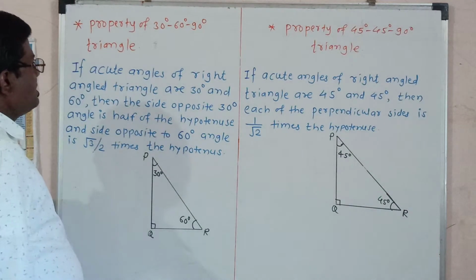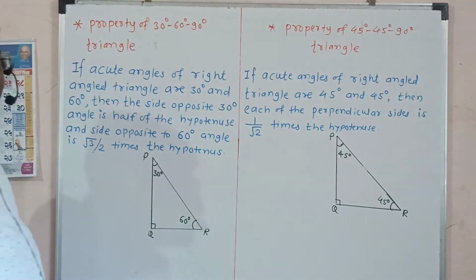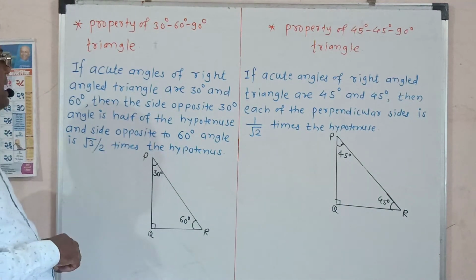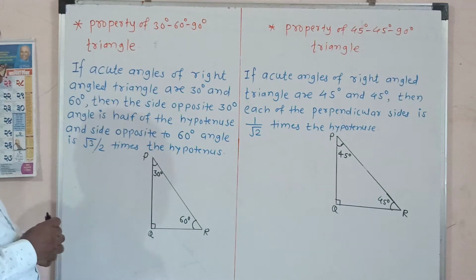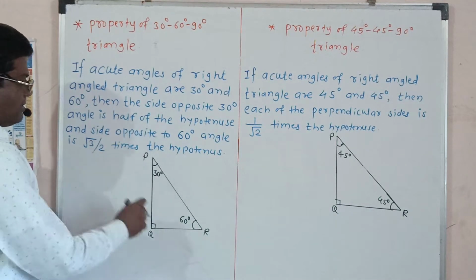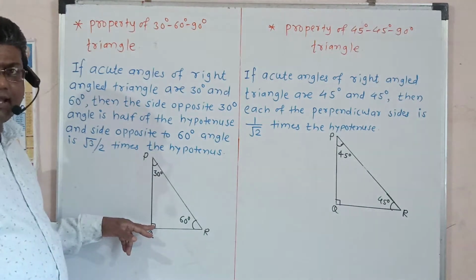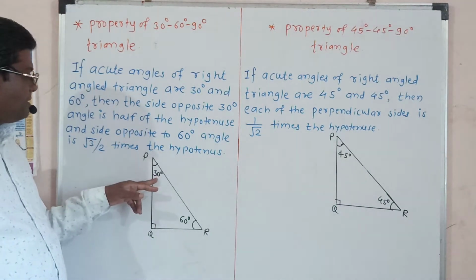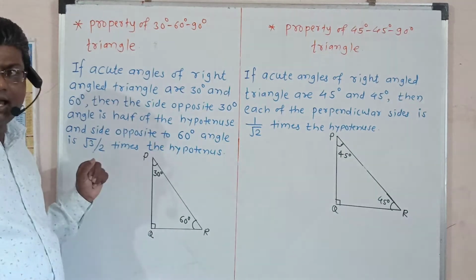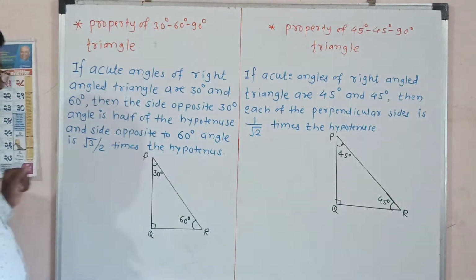Now the next point is property of 30 degree, 60 degree, 90 degree triangle. This is a triangle PQR in which angle Q is 90 degree, angle P is 30 degree and angle R is 60 degree.